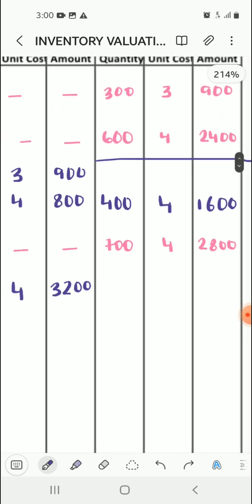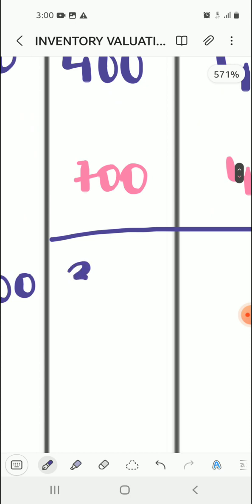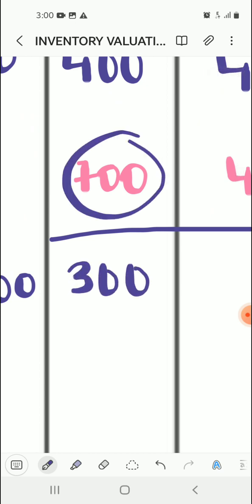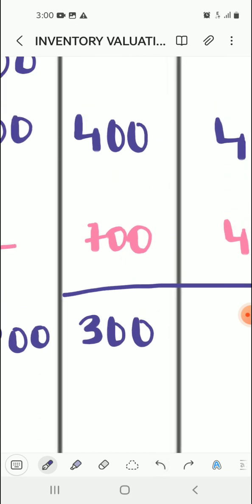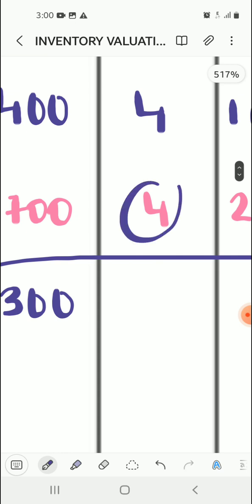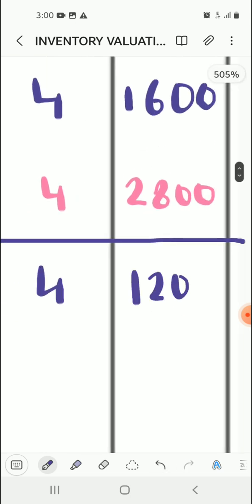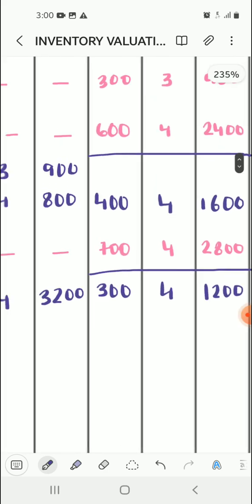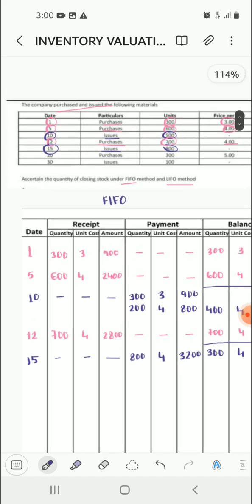We'll draw a line here to make it distinct, that now the remaining stock that we have is 300, that is 700 minus 400, and this 400 is gone. Same 4 rupees unit, so 4, 300 into 4, 1200. Once we are done with it, we are going to move to the next date.